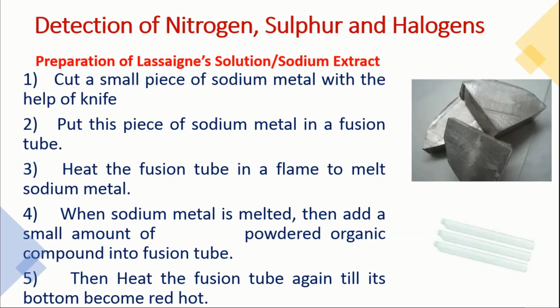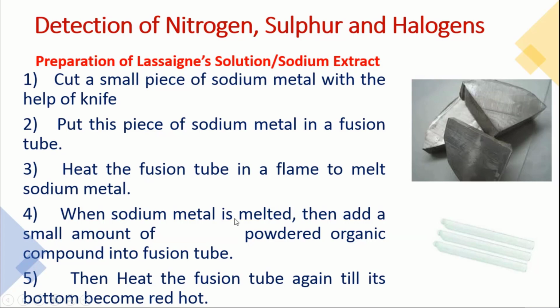In this case, we take some sodium metal, cut the sodium metal with a knife, and then put this piece of sodium metal in a fusion tube. So we have a small tube, a very small test tube, and then heat the fusion tube in a flame to melt the sodium metal.